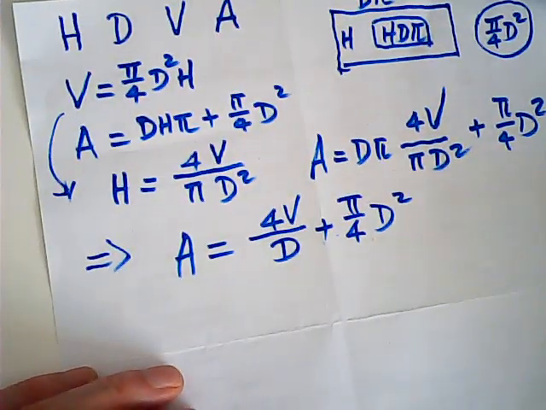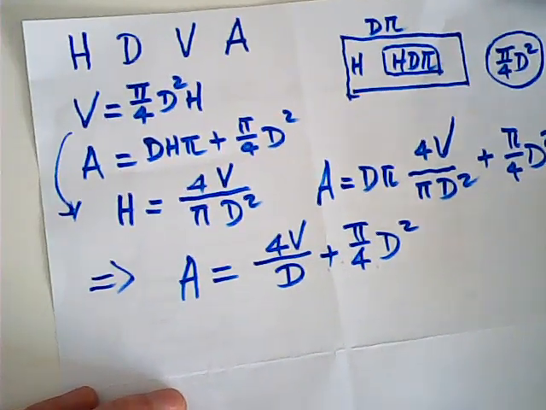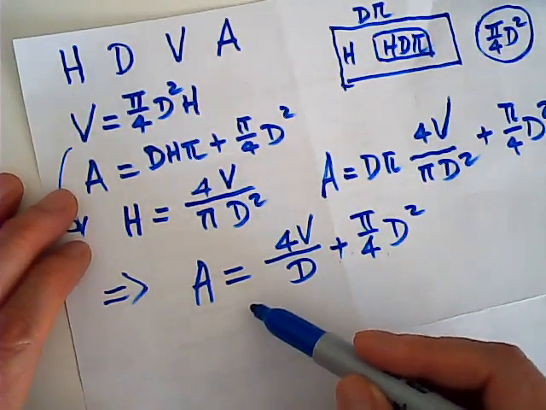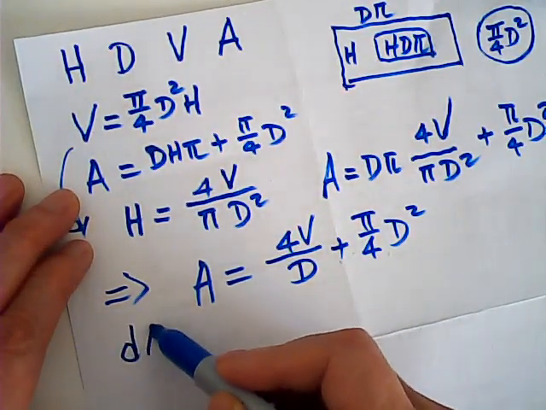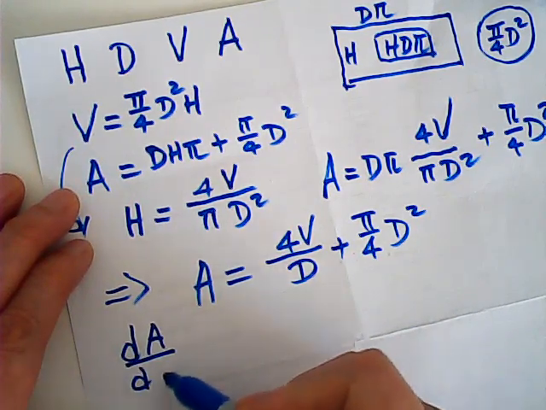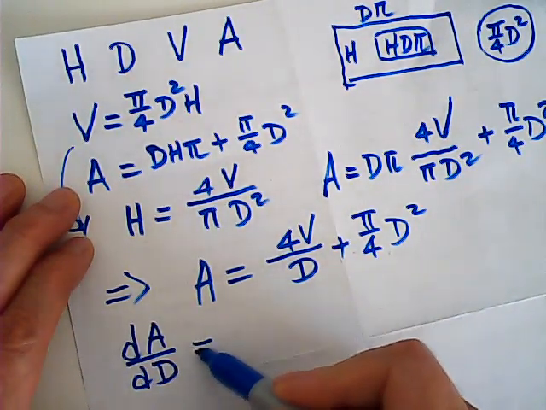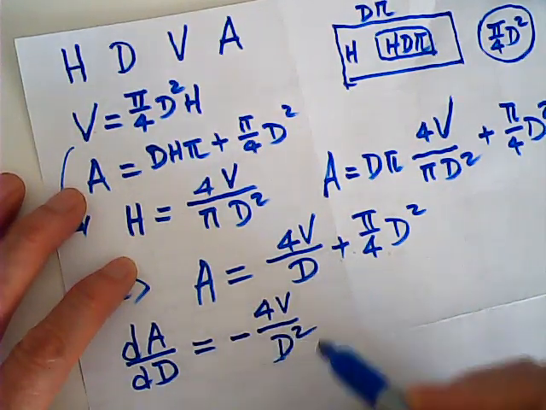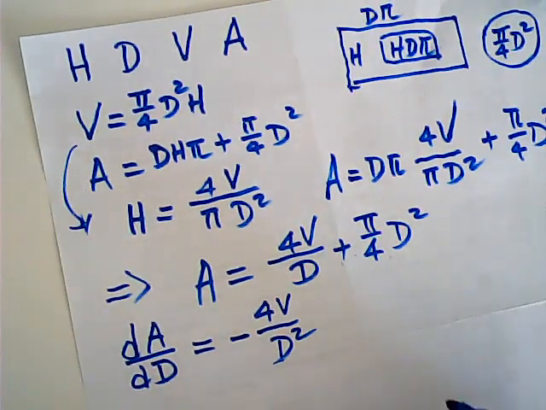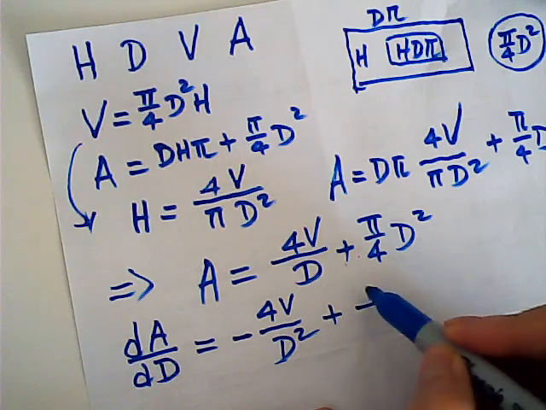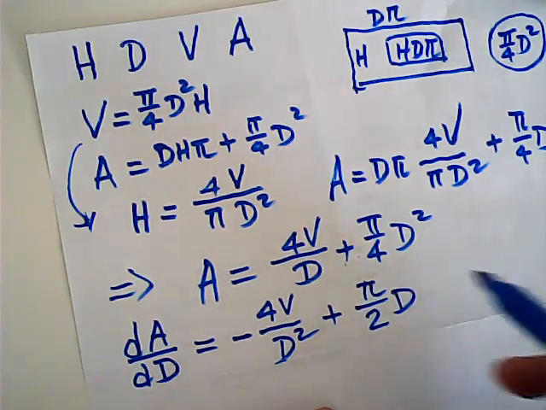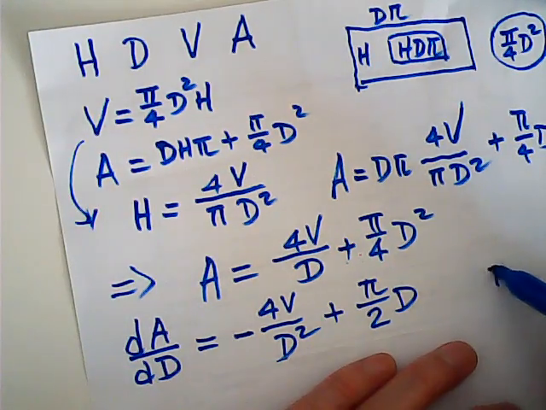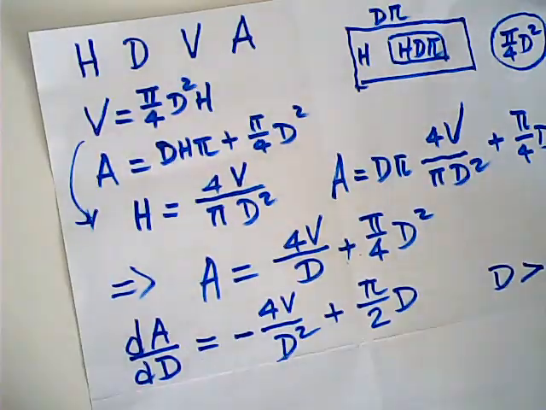So finally we have a function. A is a function of d. Now we want to minimize A, so we just find the derivative of A with respect to d. So this will be negative 4v over d square, plus half pi d. d is positive, right?